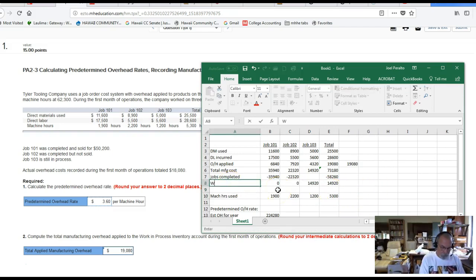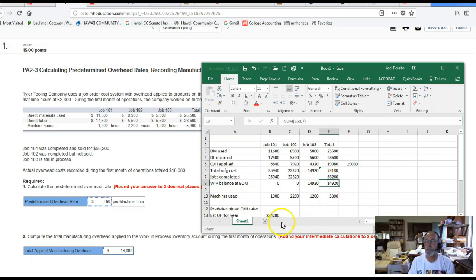So our WIP balance at the end of the month would include only job 103, because jobs 101 and 102 were completed and therefore transferred out of work in progress and into finished goods inventory.